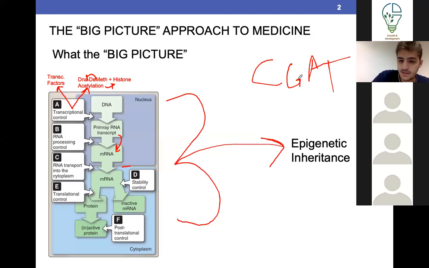Let's say this is a gene that forms a certain protein. Now, just because you have this gene doesn't mean you form that protein, and hence doesn't mean that you form that phenotype. They thought previously, oh, I have this sequence, so I'm going to form this phenotype, but that's not the case. What if this DNA, as we're going to learn, is methylated?